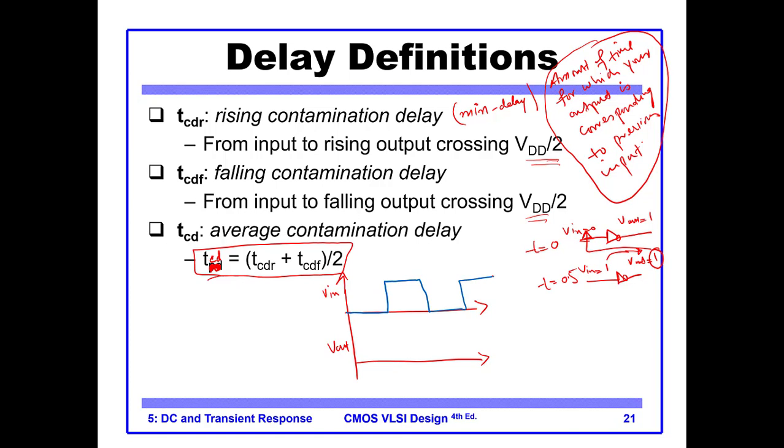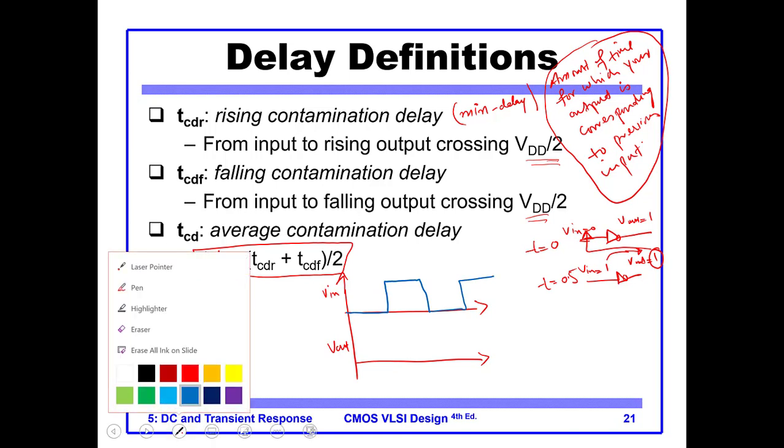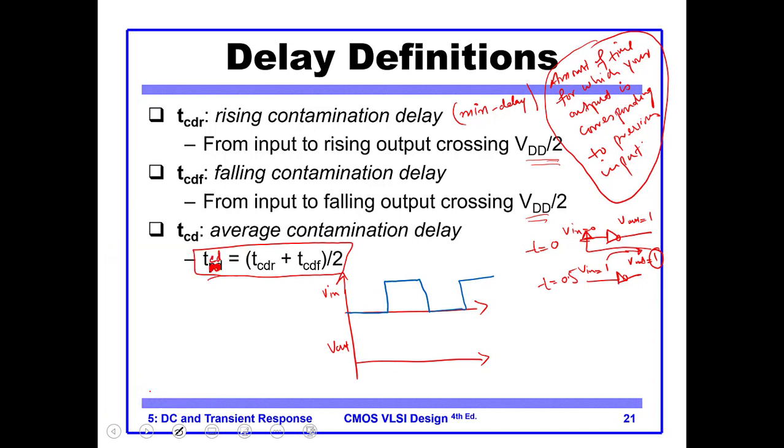Okay, now what happens at our output is that it is 1 corresponding to this. Then at this point the input changes from 0 to 1. So the output has to go from 1 to 0. But as I told you, this change will be very, very slow.